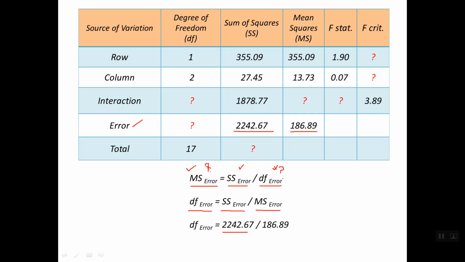This is the SS for the error, and this is the MS for the error. So the value of the degree of freedom for the error is 12.